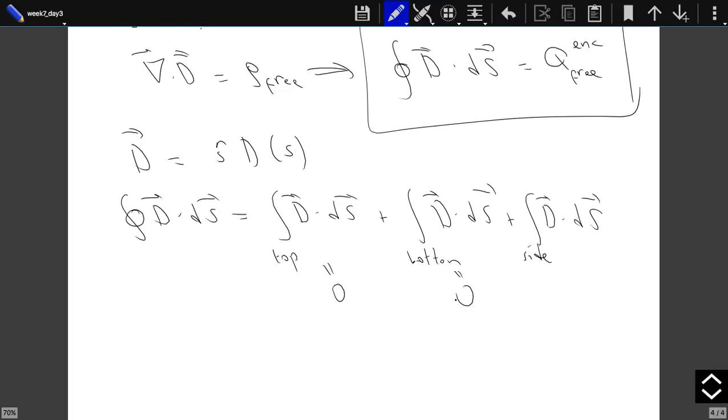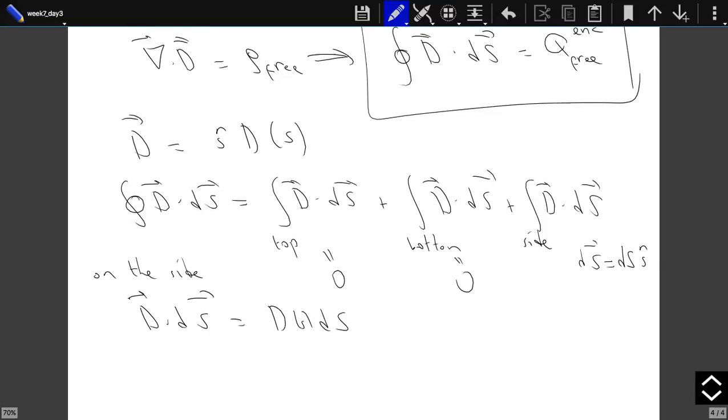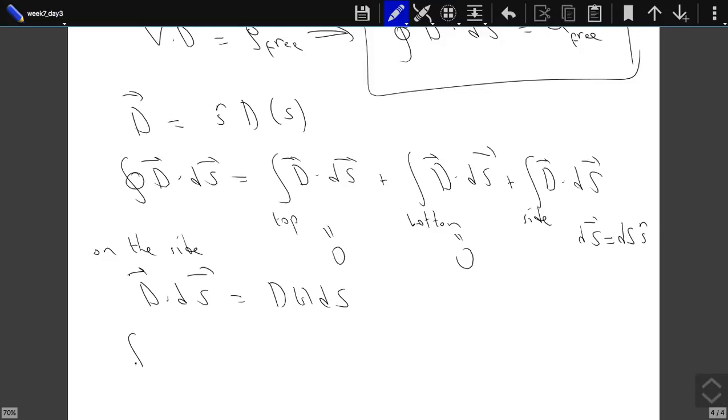And on the sides, ds is nothing but its magnitude in the s hat direction. So that basically tells me that D dot ds on the sides is just the product of the components. But on the side, this is just a constant because s is constant on the side of our cylinder.